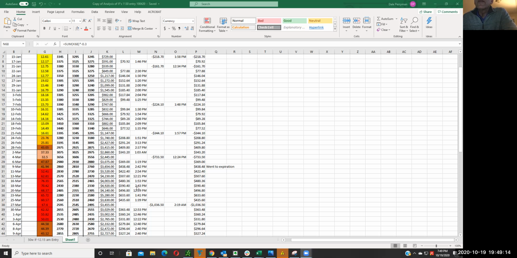Here's another one that almost went to the market close. So it seems that when VIX is really high, it may take you longer to squeeze that lemon. Yep, because even if it goes against you, 30% from a big number is a pretty big stop loss.